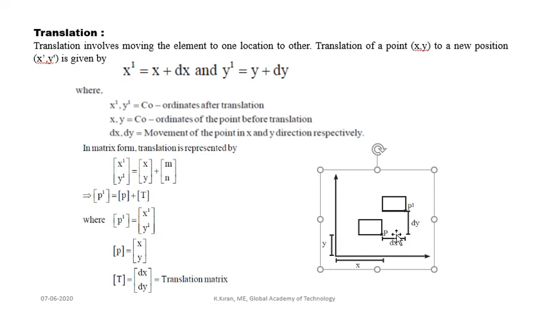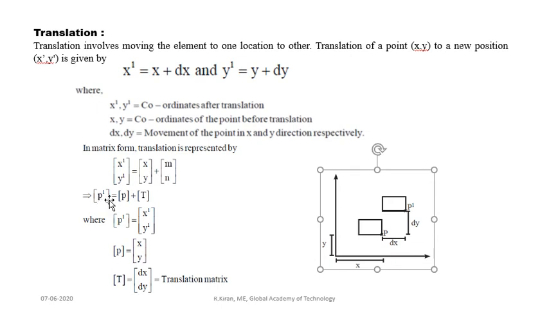These movements can be represented in matrix form using this equation. x dash and y dash are the coordinates of the point obtained after the translation, which are obtained by adding x, y, the coordinates before translation, and m and n, which represent the movements dx and dy along the x and y directions respectively.